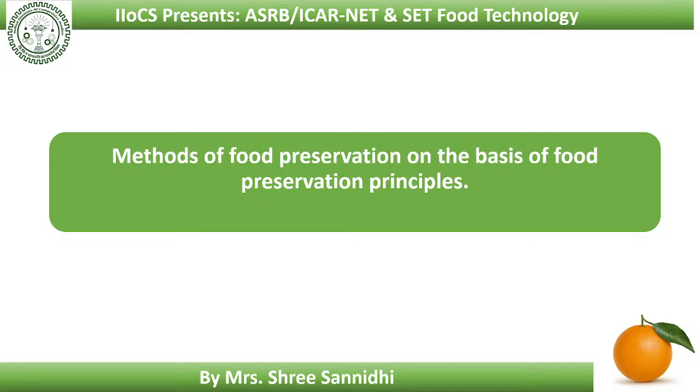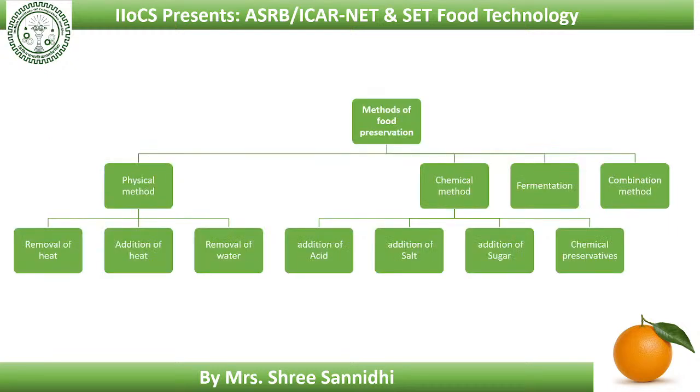Now let us see the methods of food preservation on the basis of food preservation principles. So in today's class we'll briefly look into the different methods of food preservation. The different methods include the physical method, then chemical method, fermentation, then combination method.